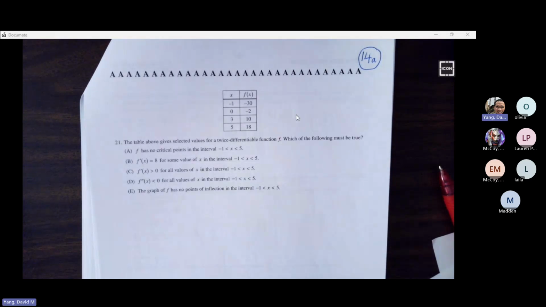All right, the table above gives selected values for a twice differentiable function. Which of the following must be true?